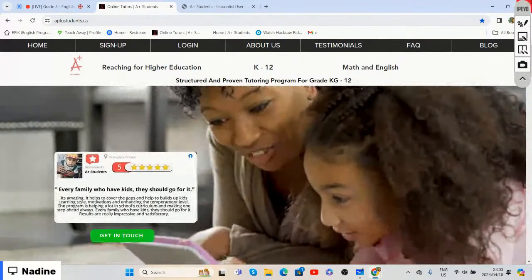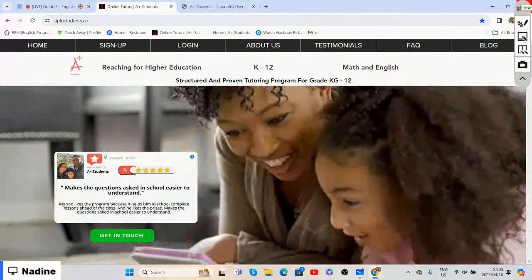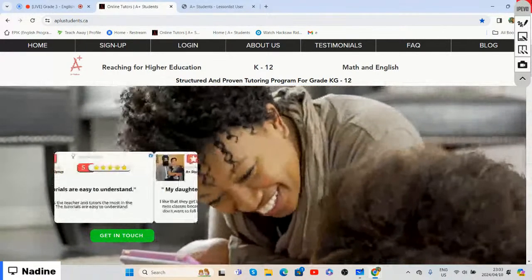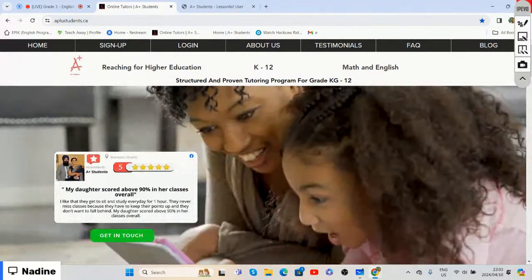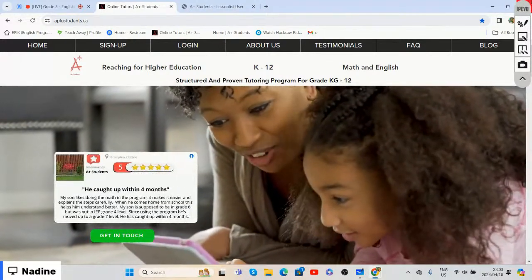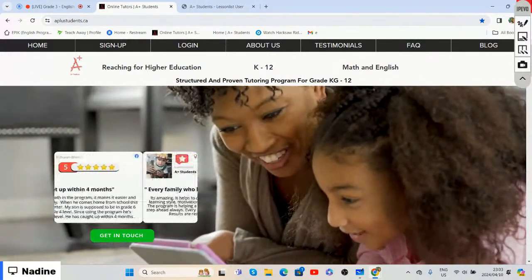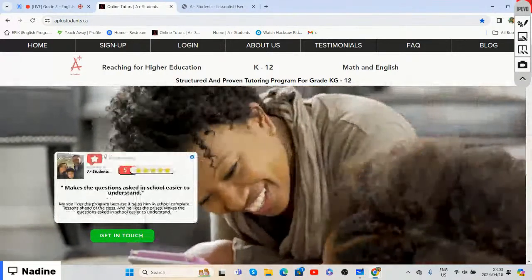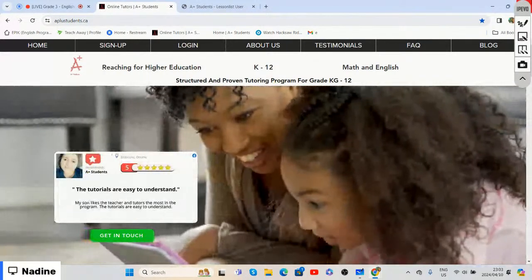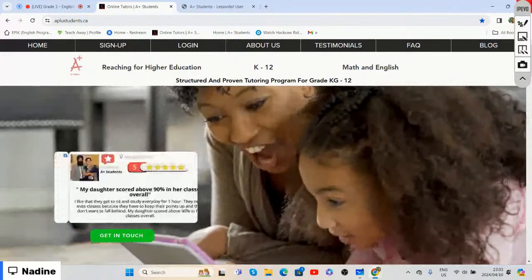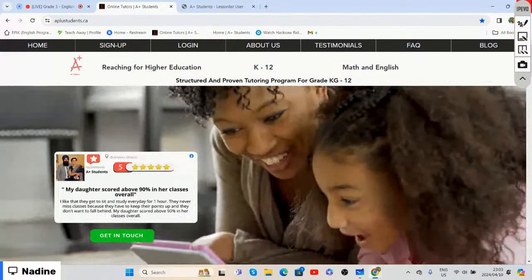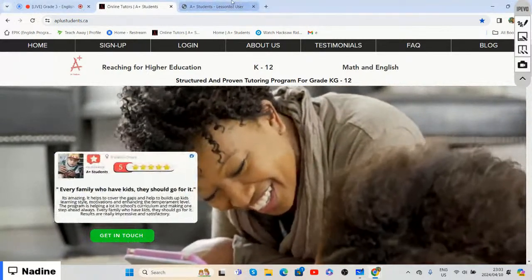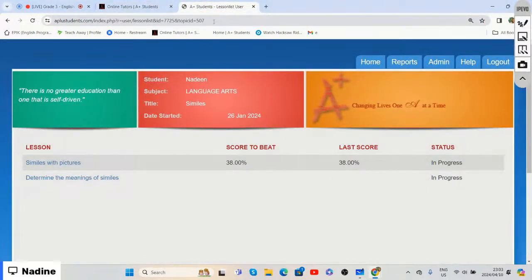Once you've logged on with our username as well as our password, we're going to select the subject of language arts, grade 3, and then scroll down until we get to the chapter of similes.